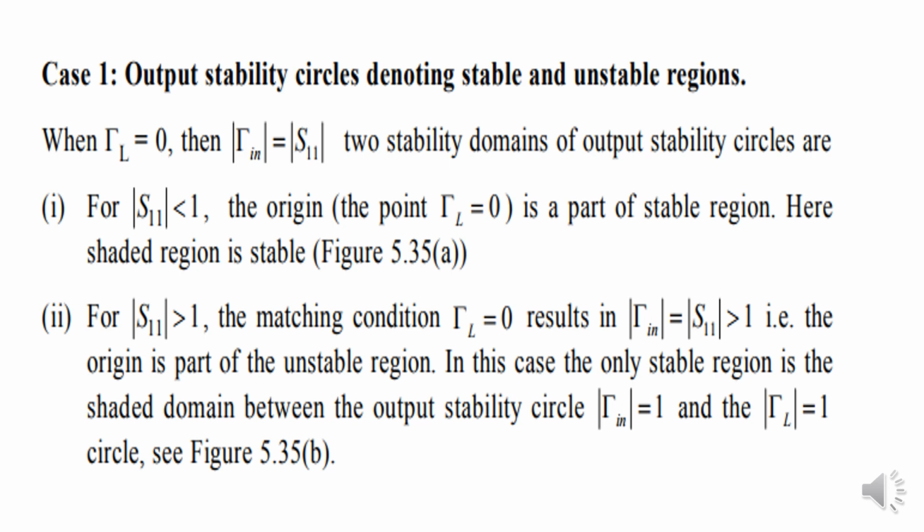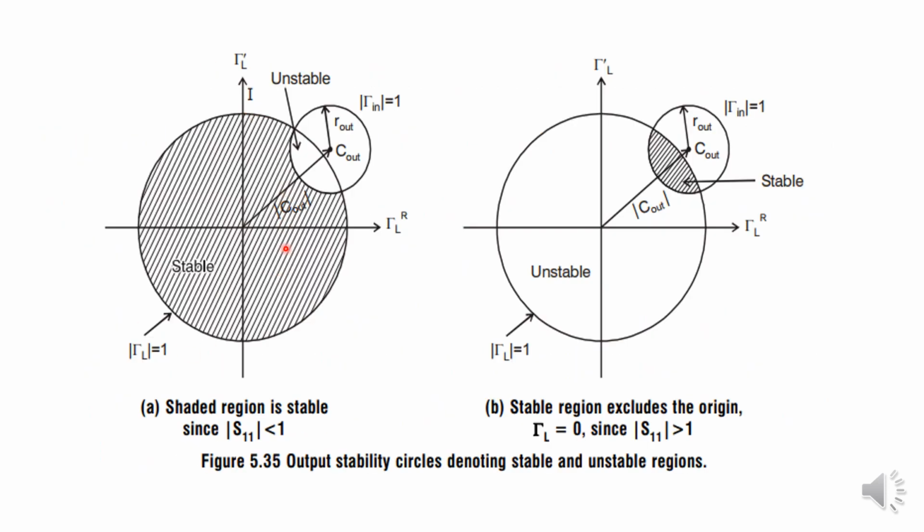The first one is case 1, output stability circles denoting stable and unstable regions. As we discussed, these are the two conditions. For |S11| less than 1, the origin is a part of the stable region. Here the shaded region is stable, and the unshaded region is unstable.